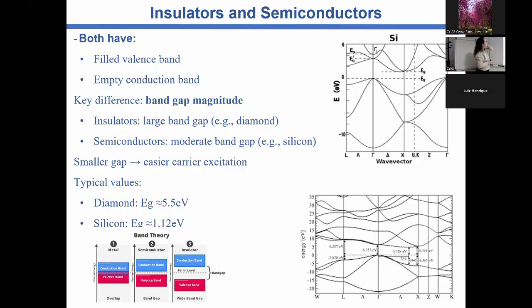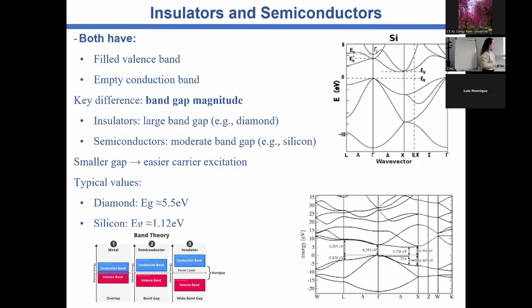So for instance here, let me see if I said everything. Filled valence band, empty conduction band. The gap magnitude will rule the material's electronic properties. The typical gap for an insulator is around 5.5 electron volts.